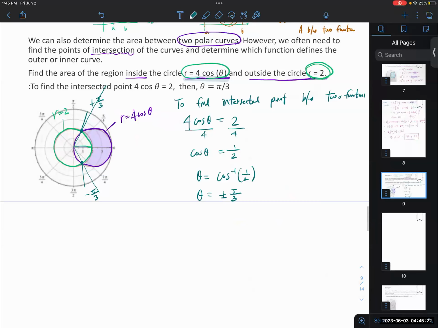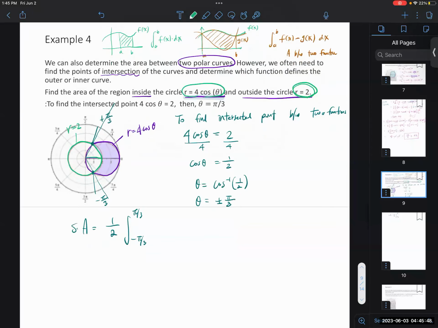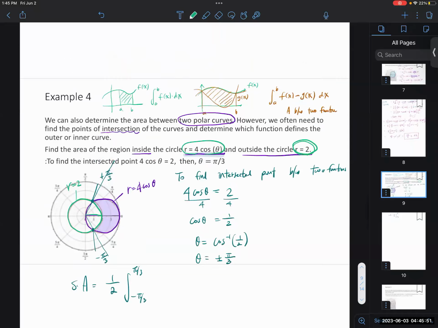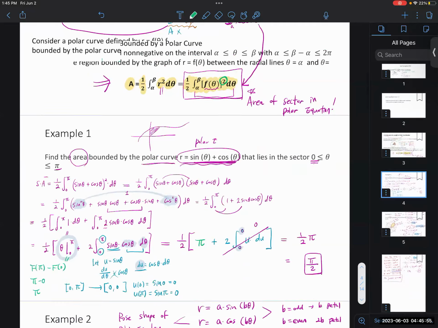Now we are looking for the area. So the sector area formula is 1 over 2. Now from negative pi over 3 to positive pi over 3, we have to subtract the large function minus the smaller function. And just a little note on the formula: we square each function, so don't forget the square.